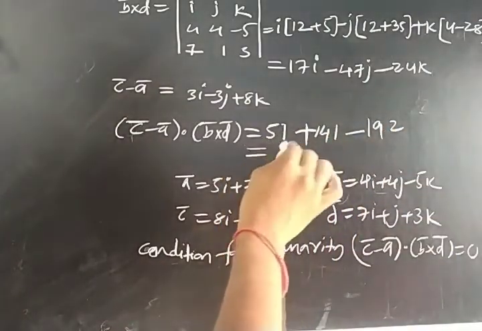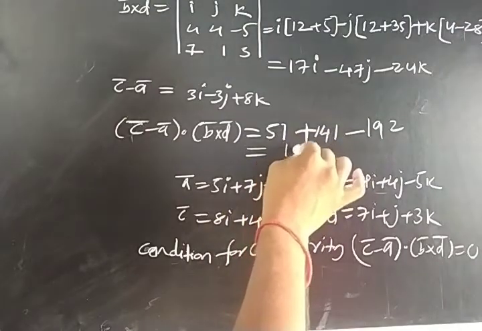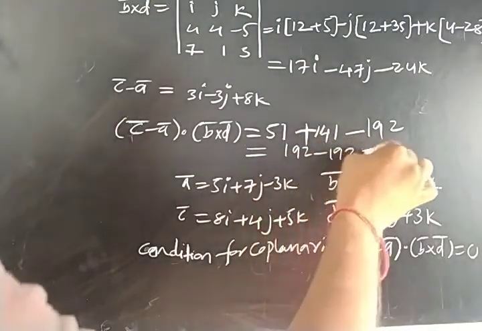So 51 plus 141 is 192, and 192 minus 192 becomes 0.